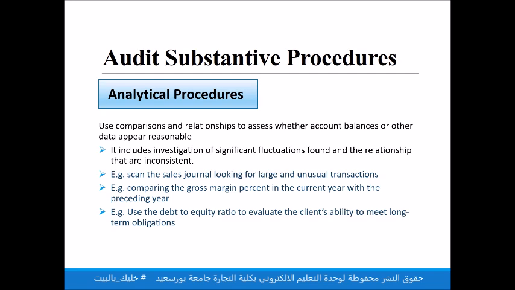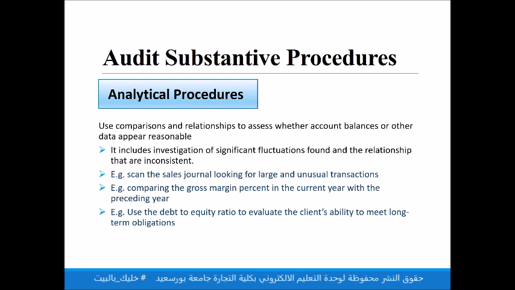The auditor may also use debt to equity ratio in order to evaluate the client's ability to meet long-term obligations, in order to evaluate the client's ability to continue its operations as a going concern. It is the auditor's responsibility to examine whether the client is able to continue its operations in the future as a going concern.